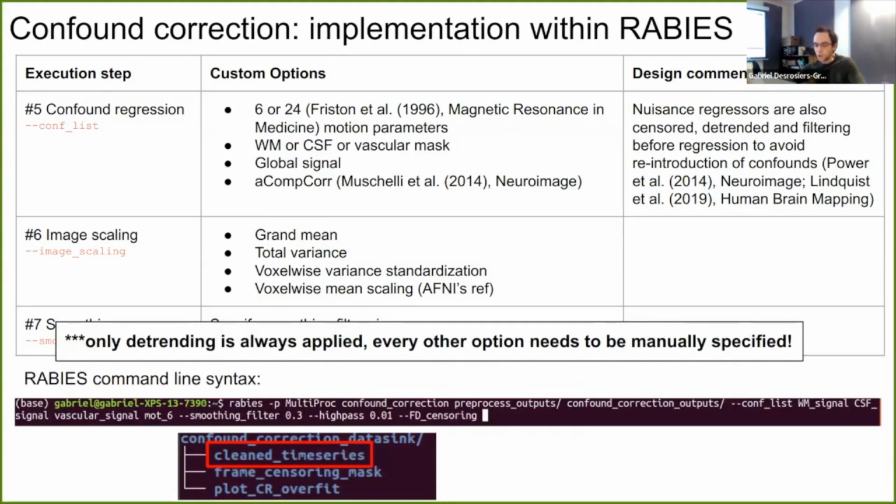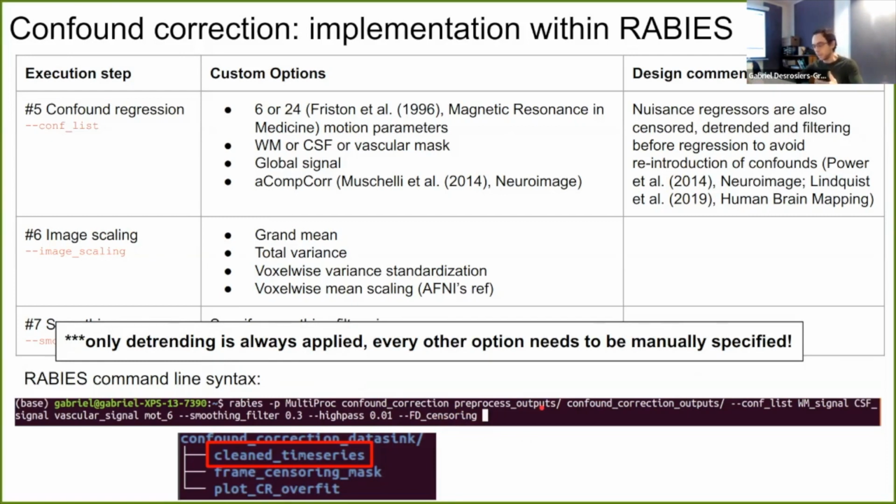So in terms of execution, there's not that much more detail to go over. It's very similar to what I've already covered on the pre-processing stage, only with different names. So here you have the confound correction step instead of pre-process. You need to provide your output from pre-processing because RABIES will need to read these outputs.